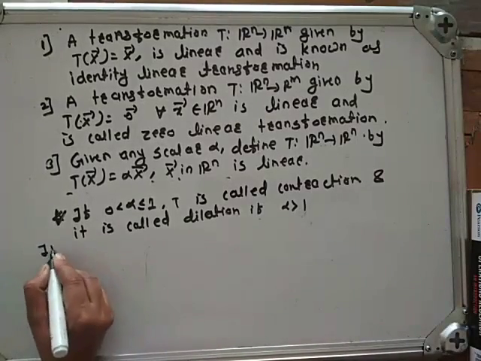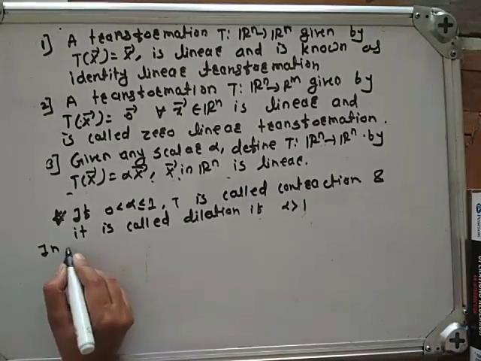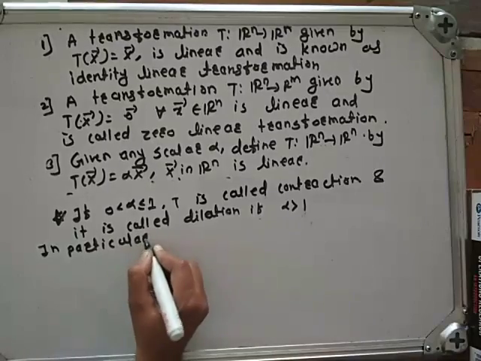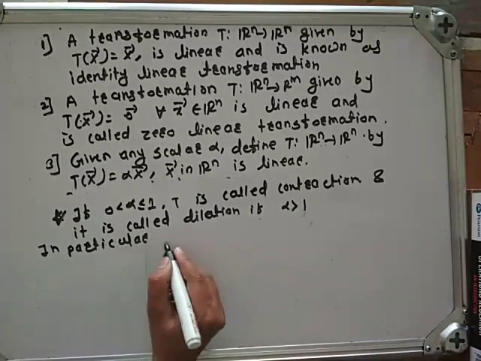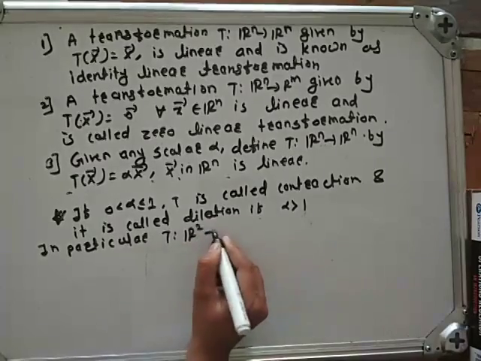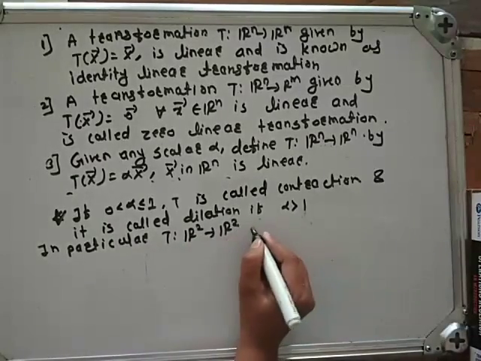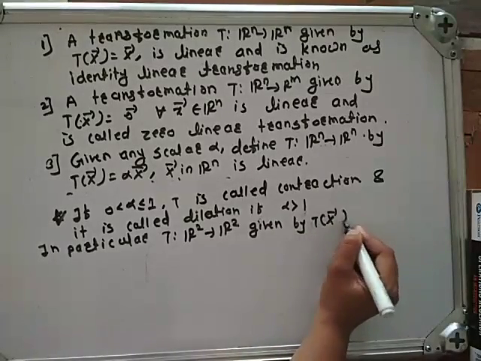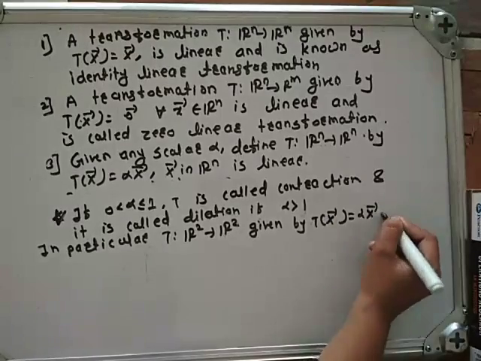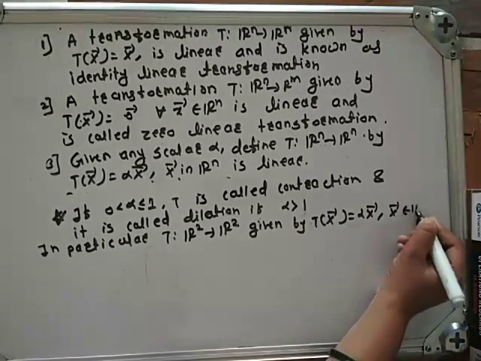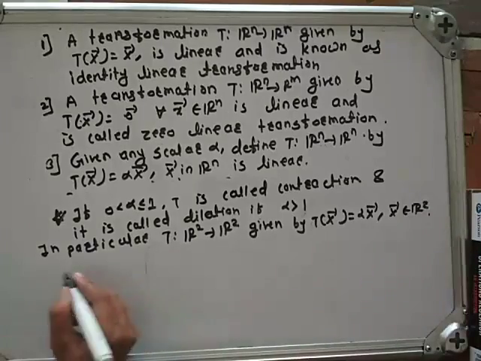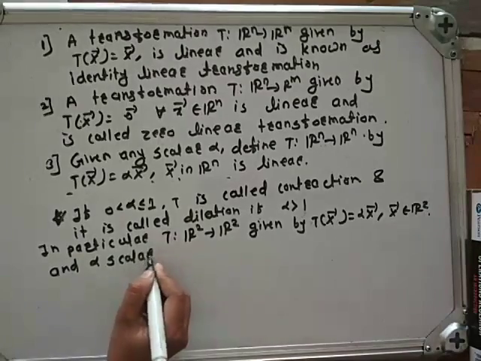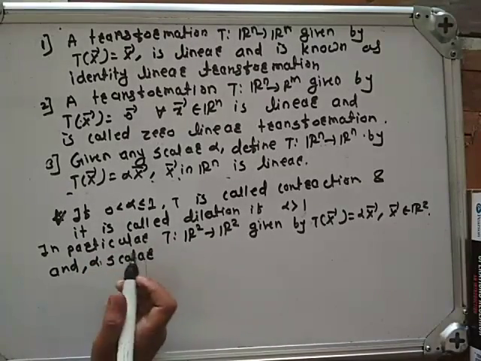Take one example. In particular, T from R2 to R2 given by T of x bar is equal to alpha into x bar, x bar belongs to R2 and alpha is scalar.